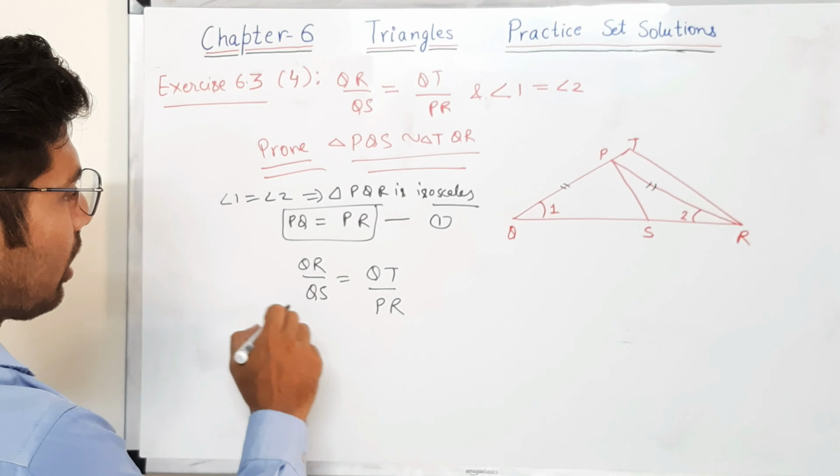Now you see QR, this length, upon QS, this one, is equal to QT, this complete length, upon PQ. So now you can see the ratios of these lines are the same.